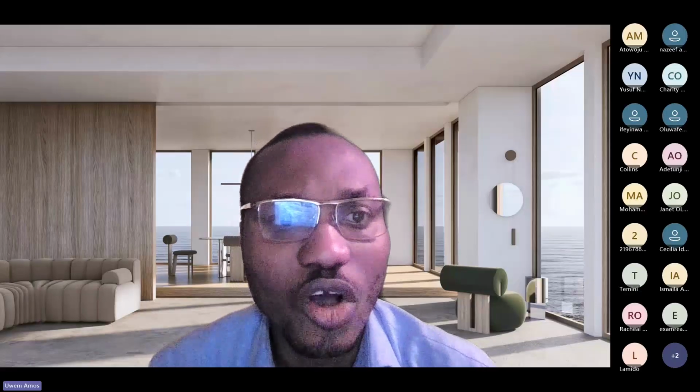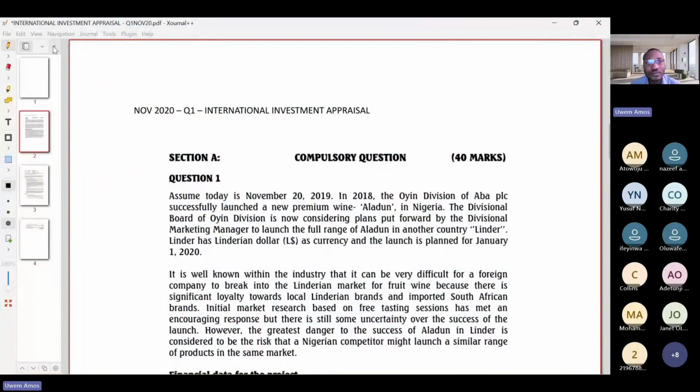Now, if you invest in just your own country, you're exposed to your currency only. So, for example, if a business decides to invest in, say, just the US or just Nigeria, it doesn't import, export, or carry out any other investment in every other country. All of its transactions would be in its own currency.